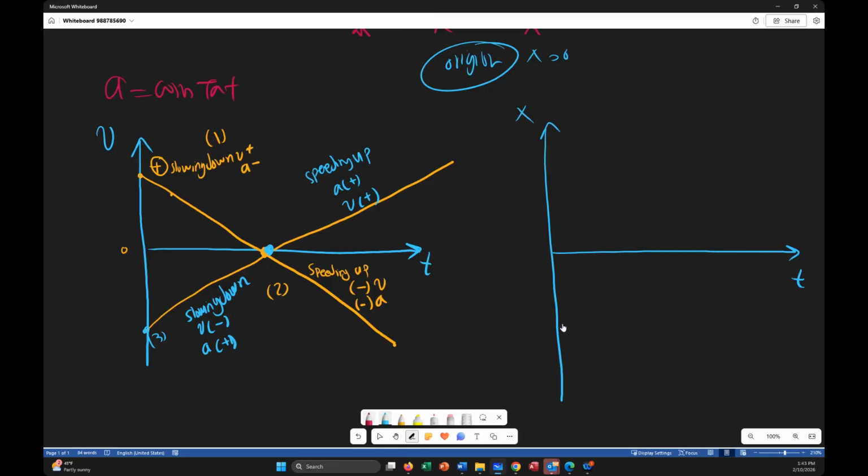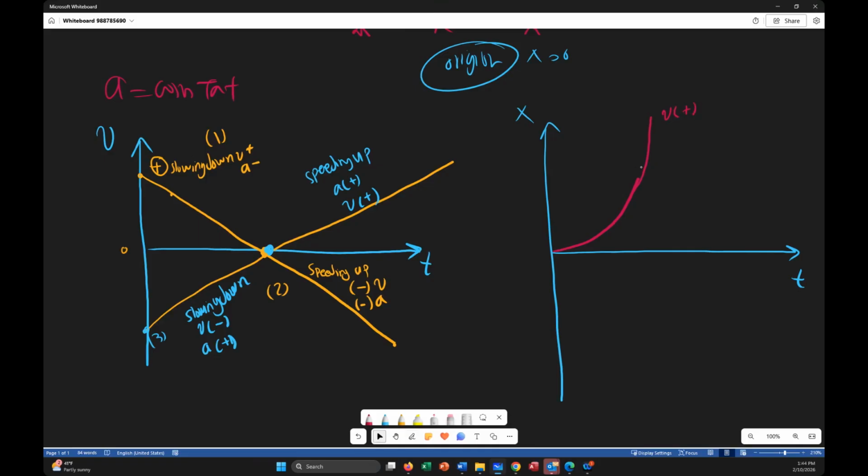So there are 4 of these. I start with this one. Good. So which one of these represents speeding up, velocity is positive, yes?